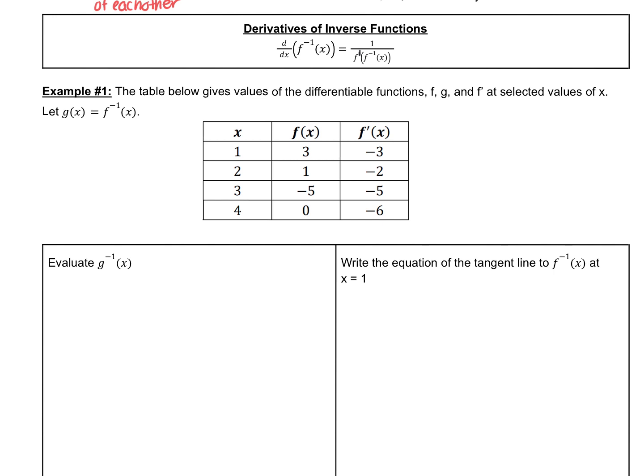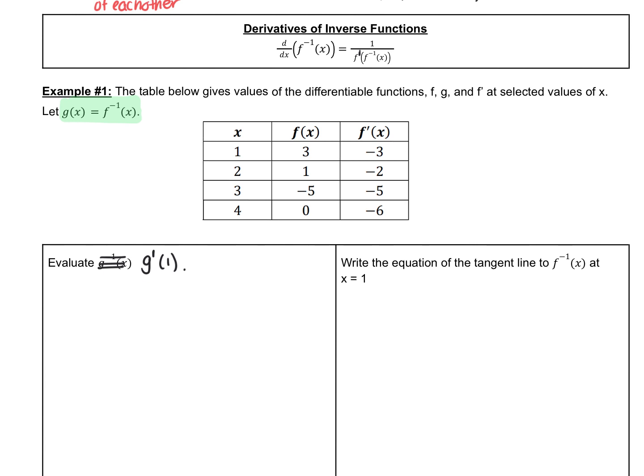So they give you a table of values with x, f of x, and f prime of x. And they first ask you to evaluate g negative 1 of x. This is actually a typo. I actually want you to evaluate g prime of 1. They define g of x to be f negative 1 of x, so they're saying g of x is the inverse of f.